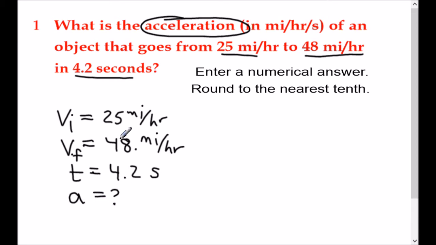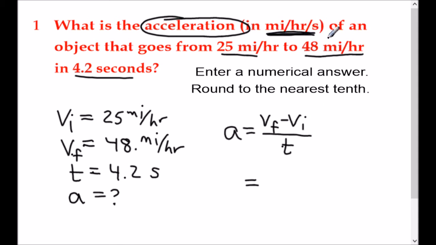Well, I normally would take this list of givens and unknowns, and I would go to my list of physics equations to figure out the right equation to use. And fortunately, I just gave you this equation, so it should be pretty fresh in your mind. I'm going to use a equals vf minus vi divided by t, and I'm going to solve for my acceleration. Now, right now is the time when you stop and look at your units and ask, are things going to work out the way I want them to? I have velocities in miles per hour, and I have times in seconds. If I find this acceleration, it's going to be miles per hour per second, which is what I wanted.